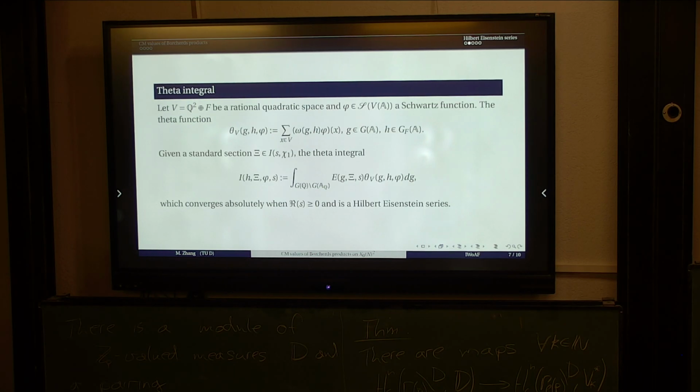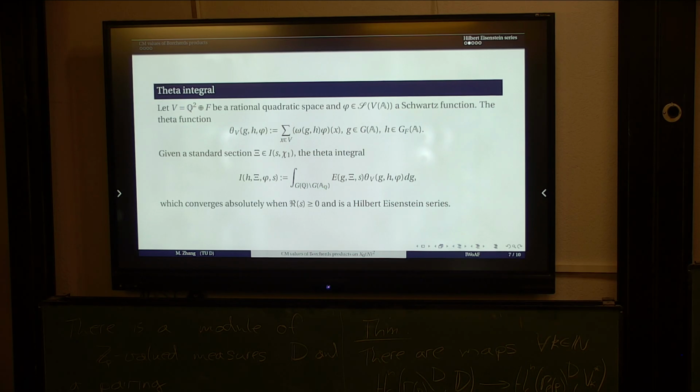So let V be the direct sum of Q square and F. Let phi bar be a Schwartz function on the adelic points of V. So as in previous talks, we can define the theta functions theta(V, g, h, phi bar) by Weil representations for the dual pair SL2 and O(2,2).